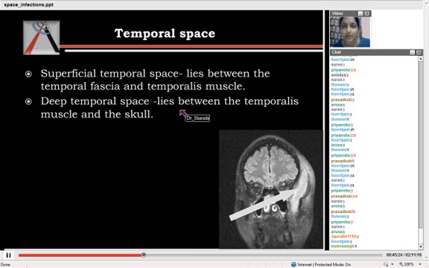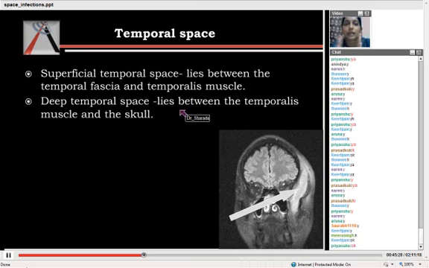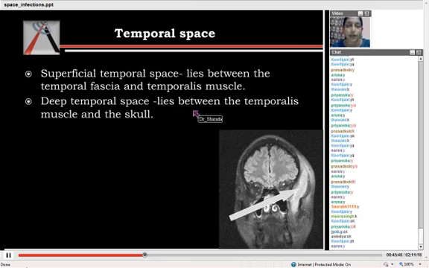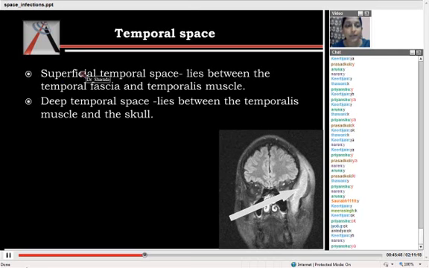So always, don't think that, just because you have a muscle attached to the bone or maybe muscle attached to the skull, there's no potential space in between. They can be easily reflected, like you reflect using a periosteal elevator, right? Even the edema fluid or the abscess or the pus can easily reflect it. So always you're talking of deep and superficial.